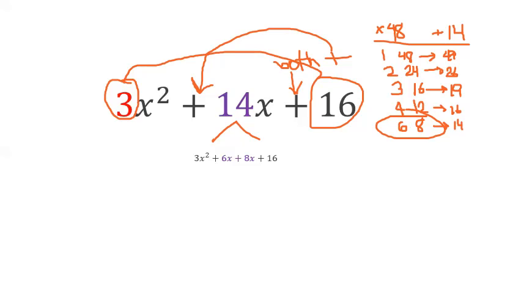Looking at the last two terms, you can only take out an 8 from 8 and 16. But when you take out your GCFs, you can see that 3x and x become our first term, 3x squared, and our 8 and our 2 multiply to give us our last term, 16. So 3x and 8 will be our second bracket, with our x plus 2 being common.